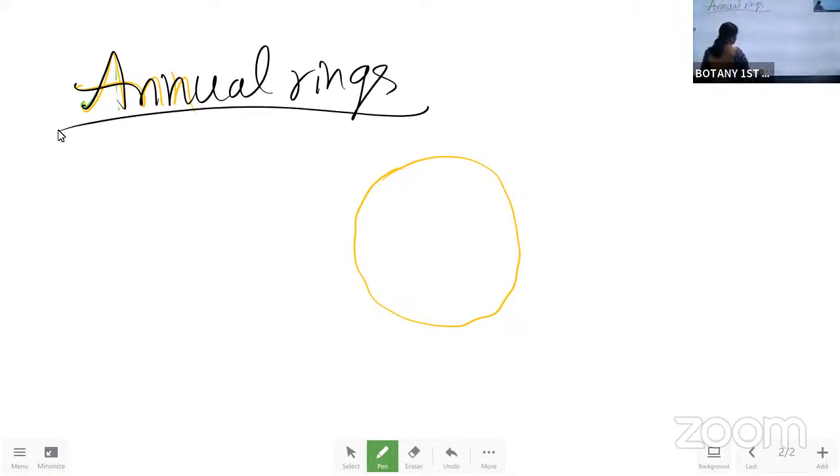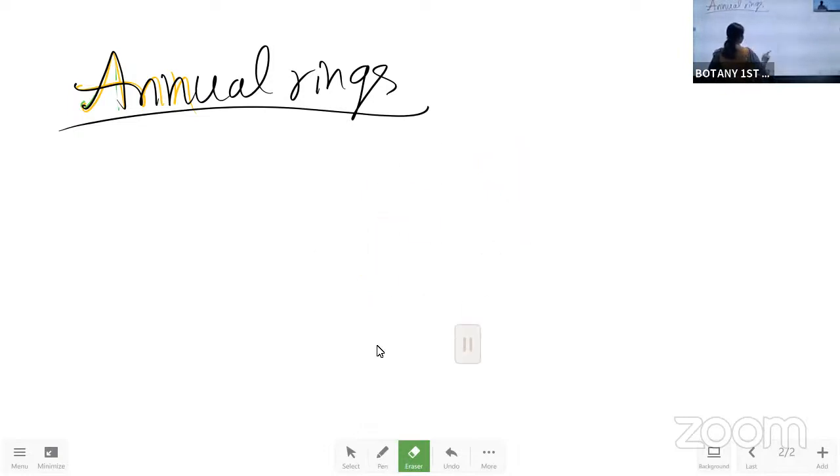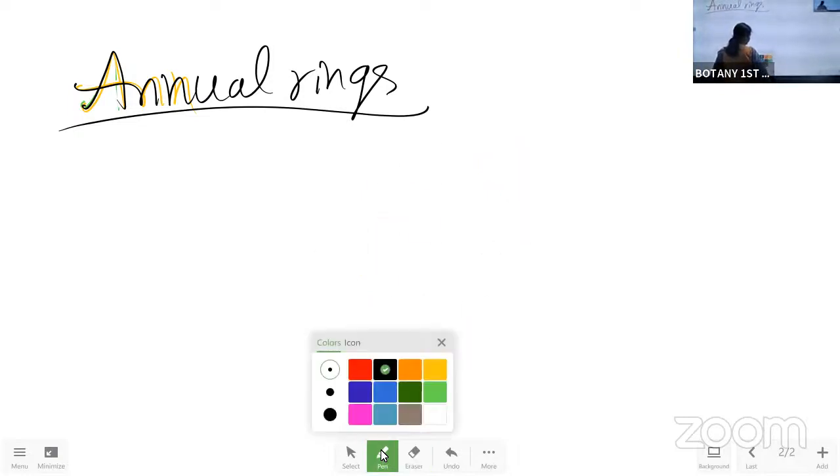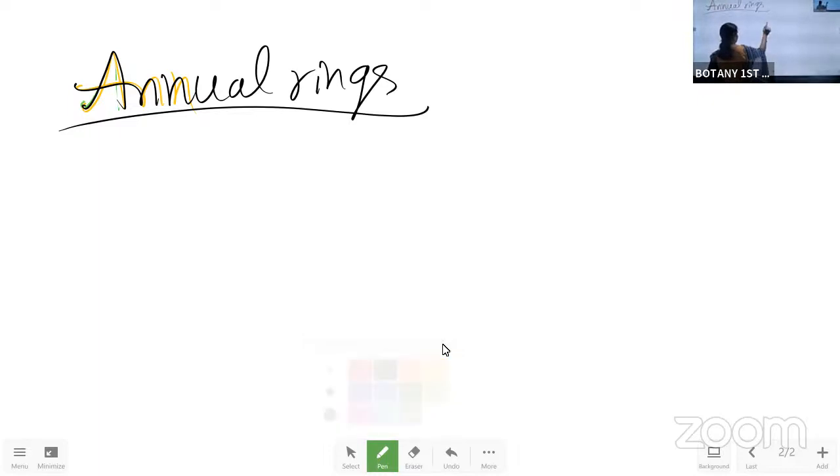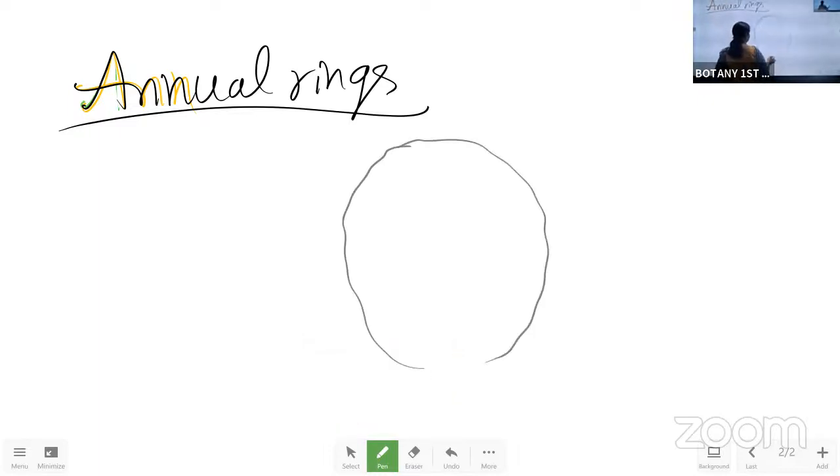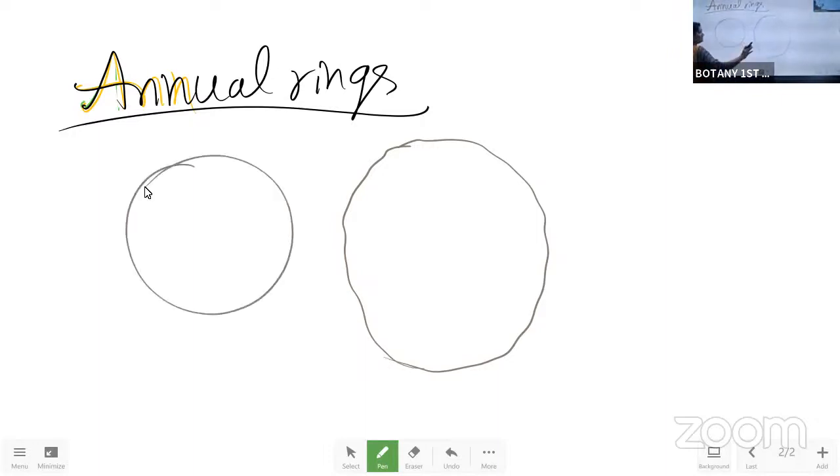Okay, now comes the color. Which color do we have to use for drawing? This is where we are seeing these annual rings. Once we cut the stem, the stem is always brown in color, so we have to use the brown color, and this is not the exact circle. We cannot draw the exact circle.